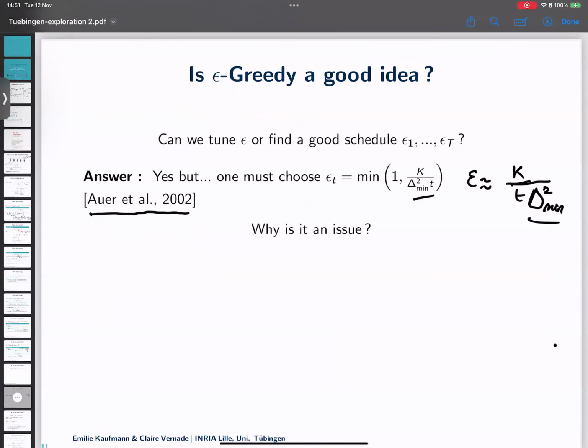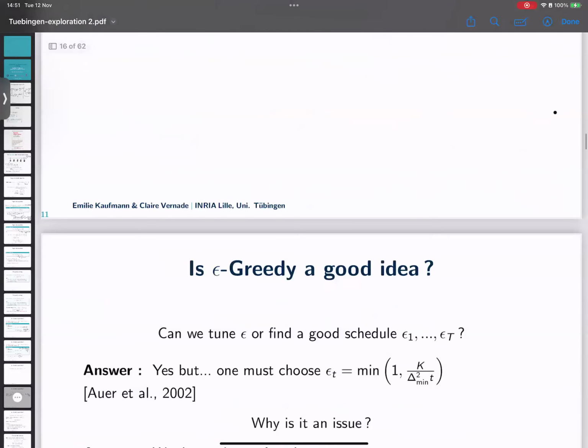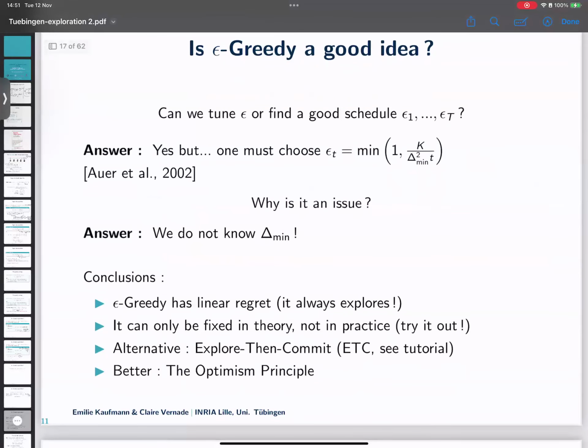So we need a better idea. We need something that allows us to trade off exploration and exploitation in an adaptive way, that does not depend on any knowledge of the problem a priori, or minimum knowledge of the problem a priori.